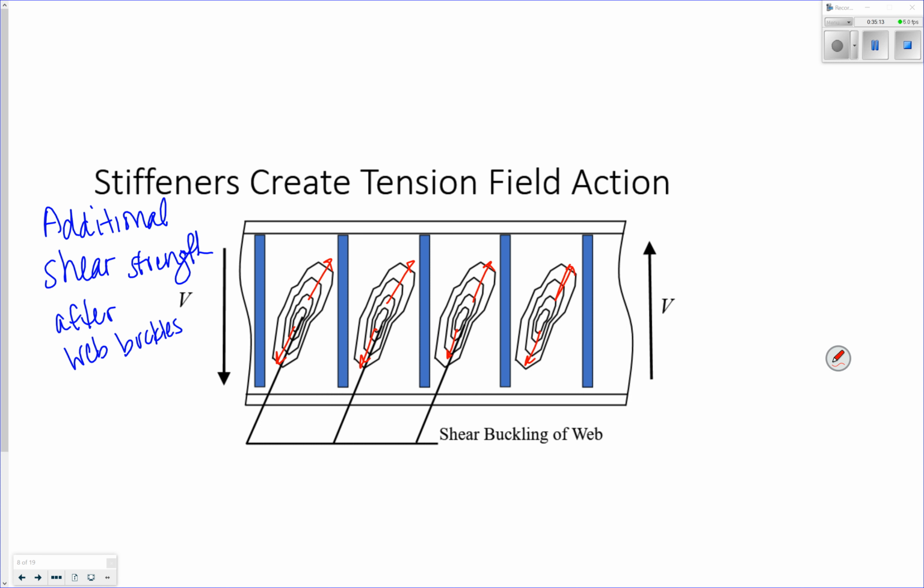So red is my tension by my web. And if you think of the stiffeners as a connection point, right?